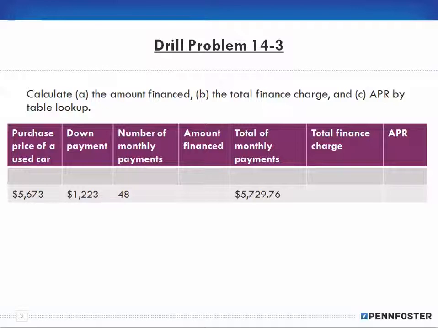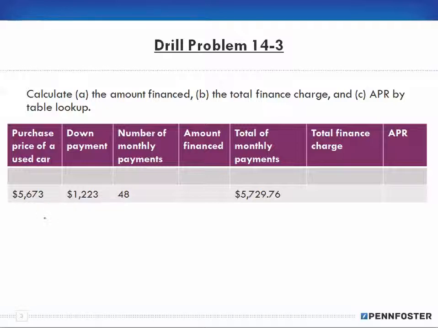Okay, this one says calculate the amount financed. Calculate A, the amount financed, B, the total finance charge, and C, the APR by table lookup. Okay, so A and B, we just did an example of that in problem 14-1, so this shouldn't be that difficult. Right, so we have, calculate A, the amount financed.